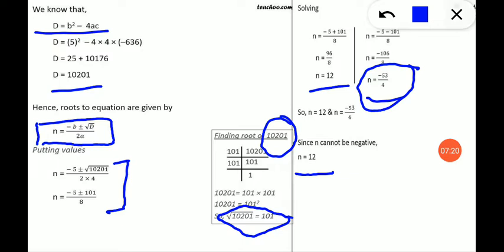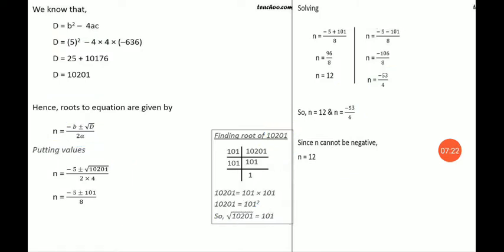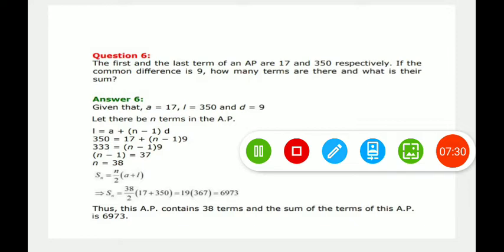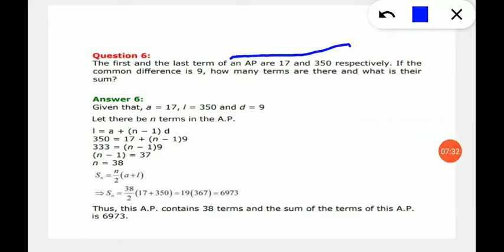Okay. So we will move to our next question. Question number 6. The first and the last term of an AP are 17 and 350 respectively.